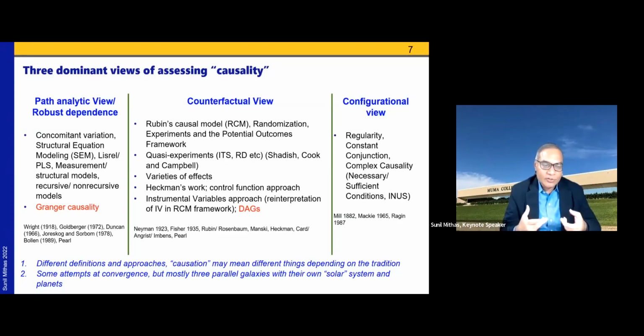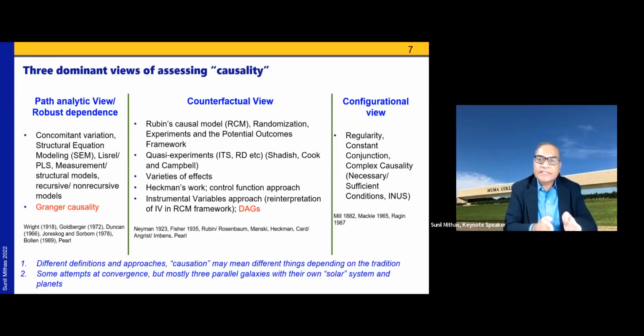So some of the techniques that are used in our literature are structural equation modeling using LISREL, partial least squares. Sometimes they have measurement models and structural models, recursive and non-recursive models, even things like Granger causality, which comes from economics.